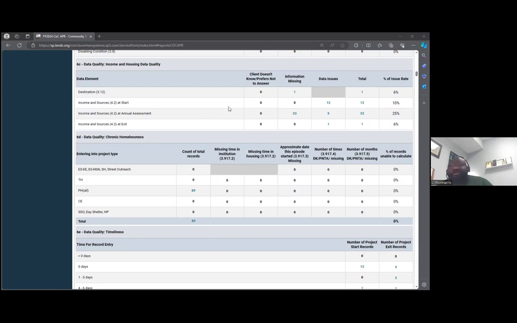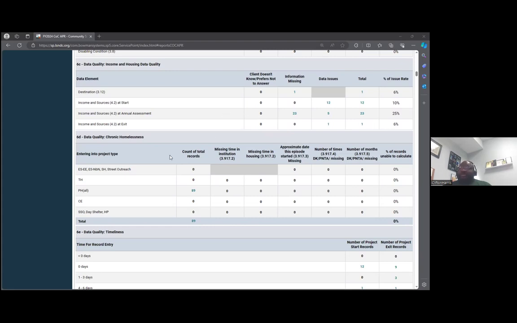The income sources that start, which usually is the same issue as the disability error, which is that if you have yes for client receiving income, then one of the values in the sub-assessment has to say yes as well with a dollar amount. So if you say yes, then you need to put like a dollar amount and what income source it is needs to be set to yes.